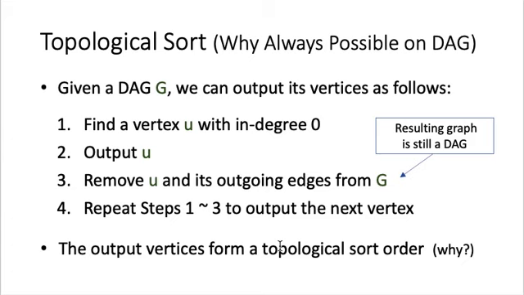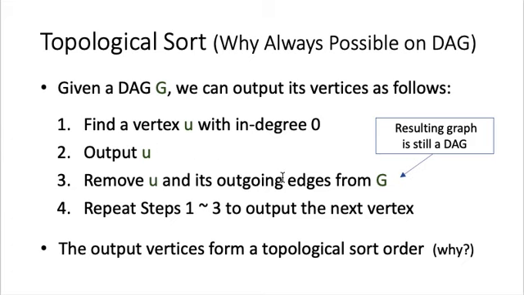Imagine that the vertices, as we output them, are put along a line from left to right. Then we will see that at any time when we are removing a vertex and all its outgoing arrows, the arrows will later be pointing from left to right.